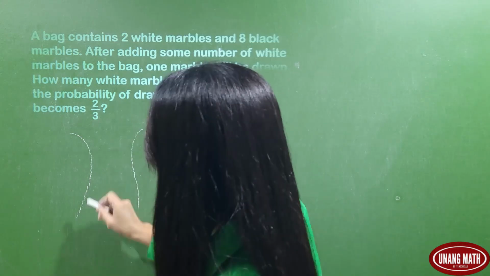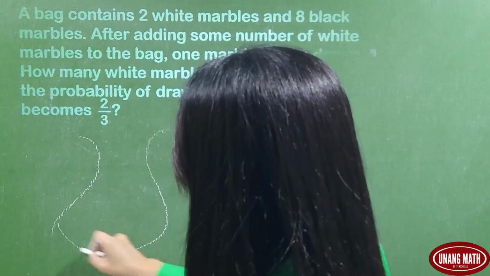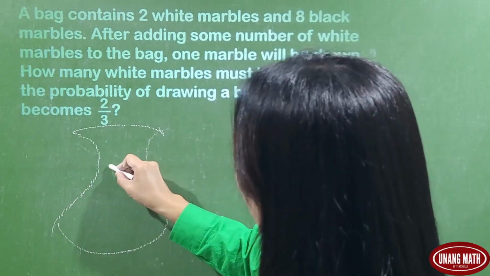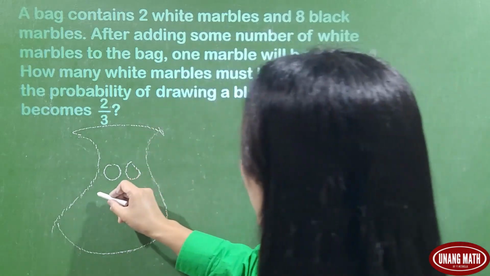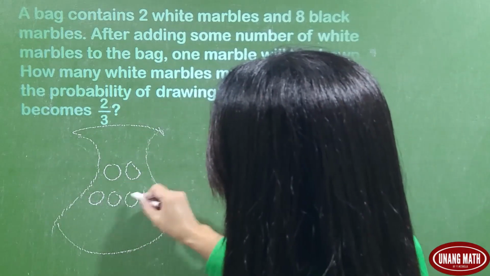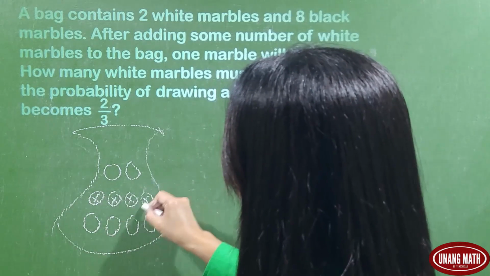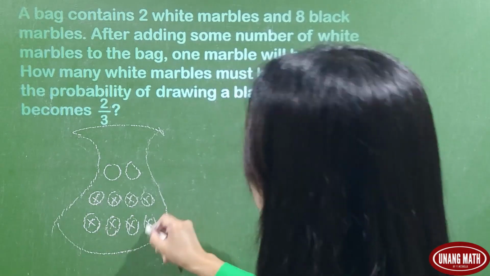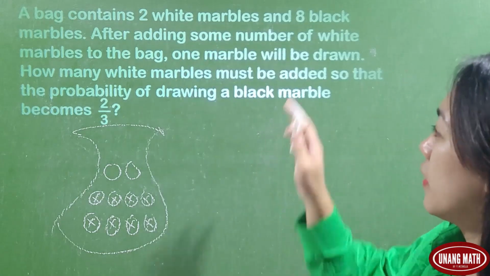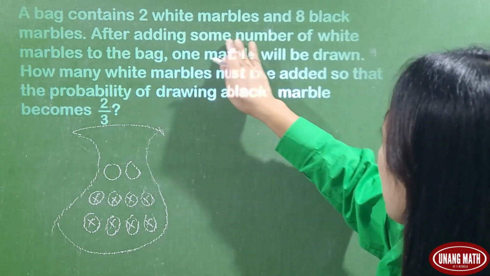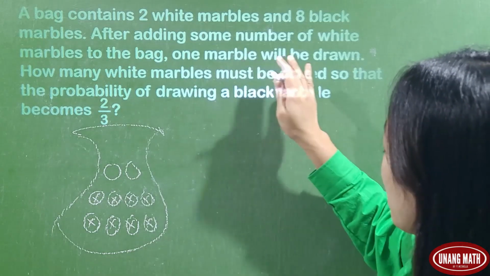So if this is our bag, we have here 2 white marbles and 8 black marbles: 1, 2, 3, 4, 5, 6, 7, 8. So these are black marbles. After adding some number of white marbles to the bag, 1 marble will be drawn.